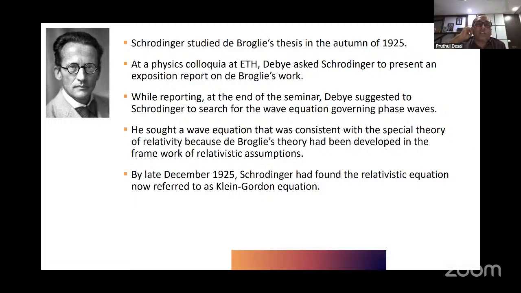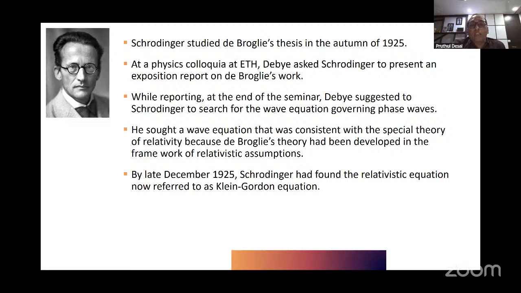So Schrödinger studied de Broglie's thesis around autumn of 1925. And during one of the physics colloquia at ETH, Debye, in fact, asked Schrödinger to present an exposition report on de Broglie's work. While reporting at the end of the seminar, Debye suggested to Schrödinger to search for a wave equation governing the phase waves.